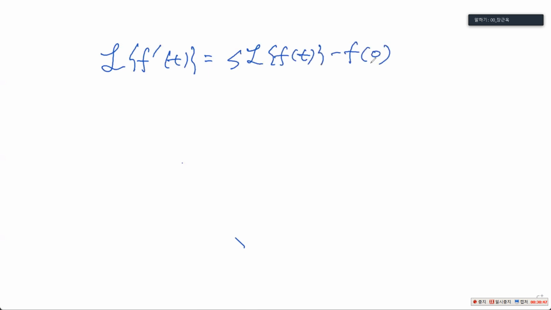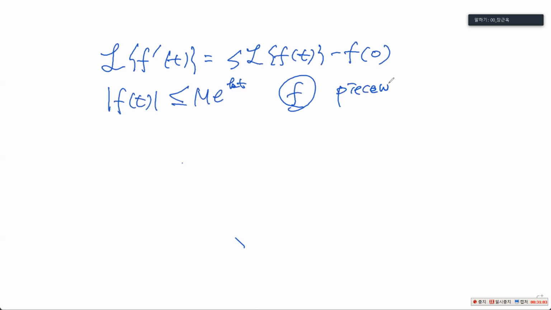I would like to say that the Laplace transformation of f prime is given by s times the Laplace transform of f(t) minus f(0). For the condition for the Laplace transformation to exist, we also apply the MK condition, and in this case, we say f is piecewise continuous.